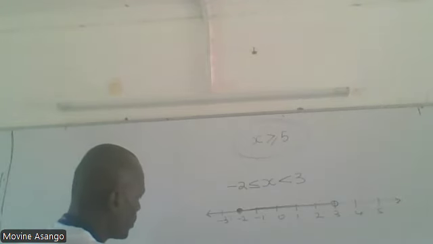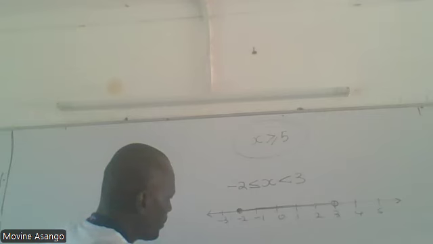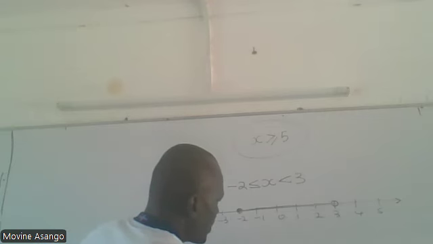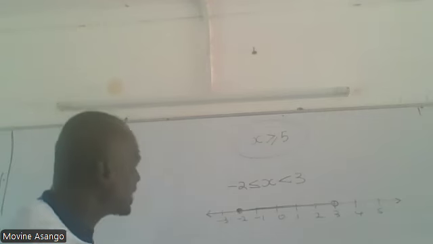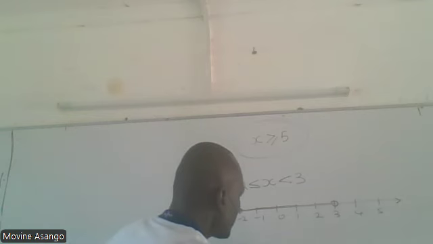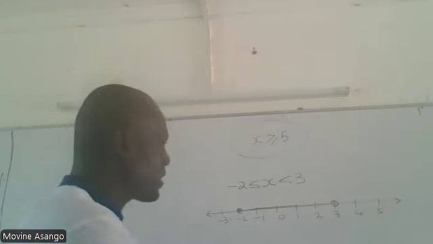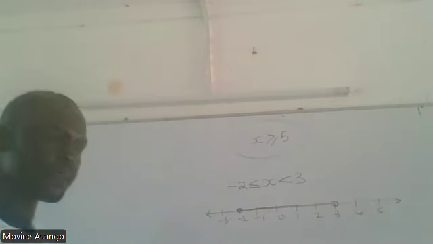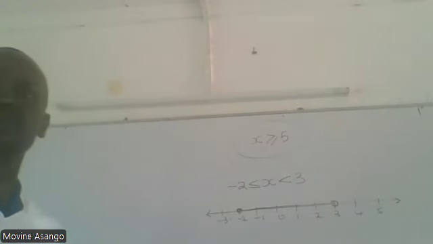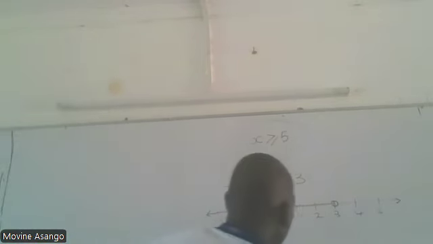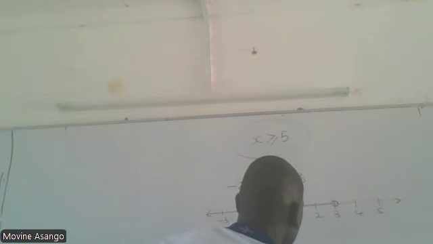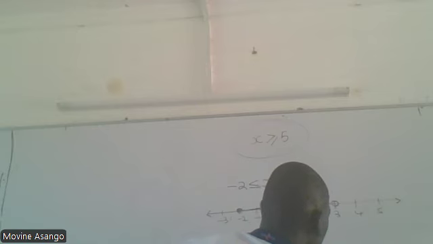If this is a number line, 1, 2, 3, 4, 5, 6, 7, x is greater than or equal to 5. It means from 5 onwards. If I don't make the line bold on the left or on the right, I will not know where the value is moving to. That is why I make the part on this side bold, since it can be 5, 6, 7, the integral values, and so on.